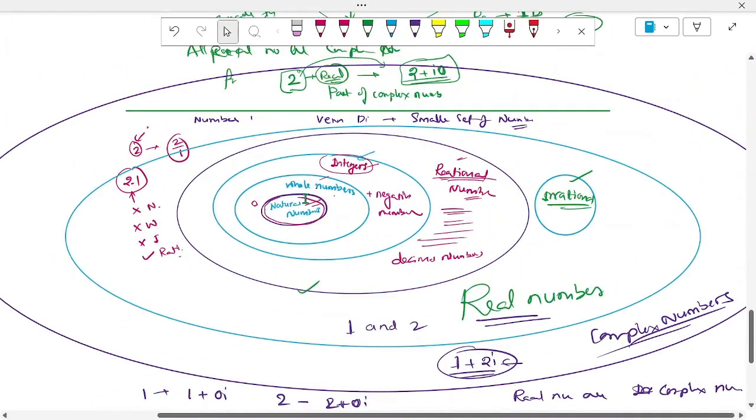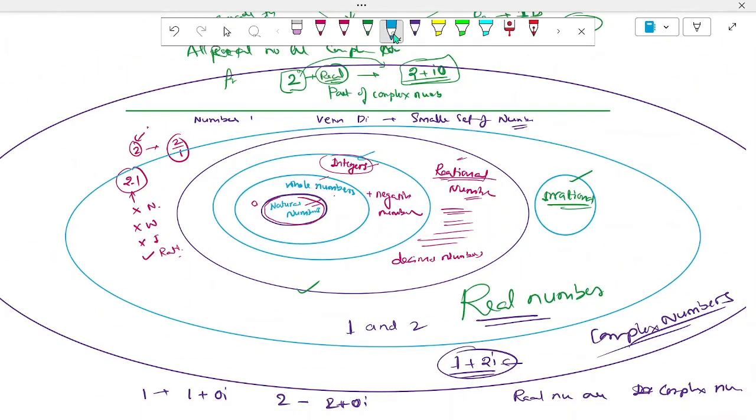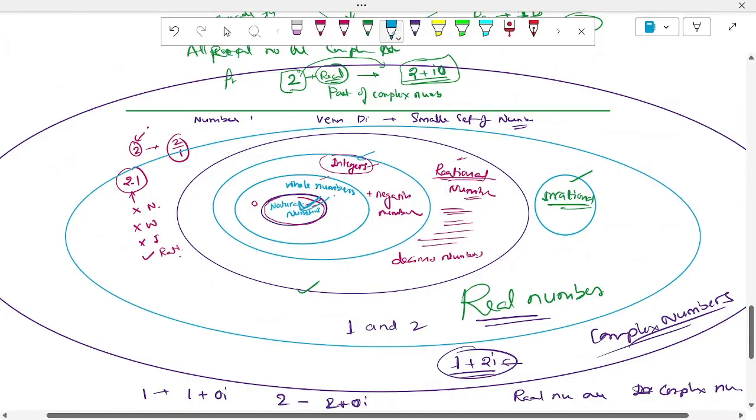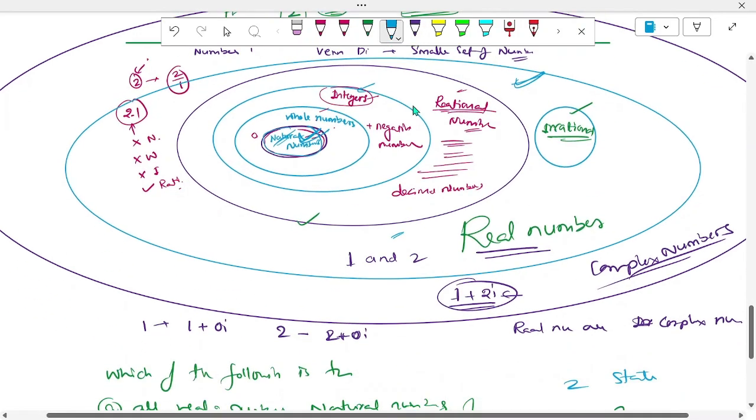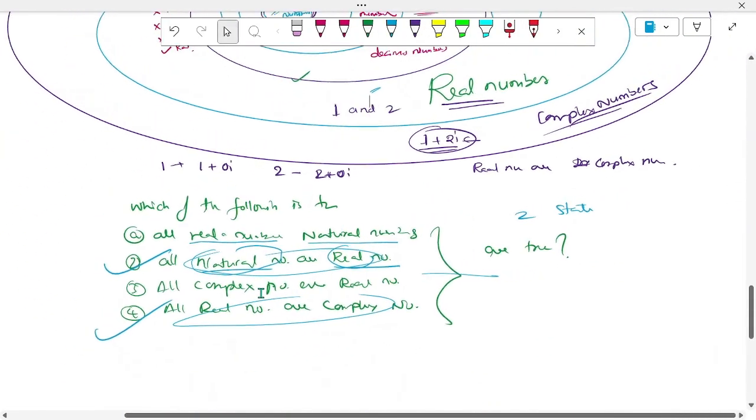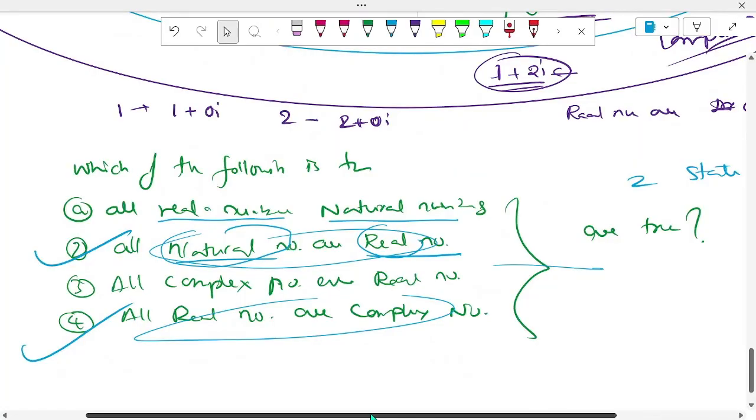If you look at this diagram, you will understand. Natural numbers are here and real numbers are here. You can see this natural number is inside real number. That's why all the natural numbers are real numbers, because the real number is a bigger circle compared to the natural number. I hope you understood these kinds of questions. You should know this. This is very important.